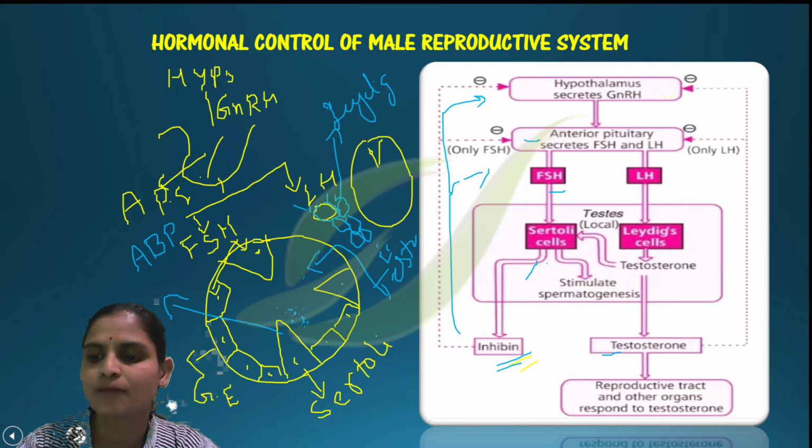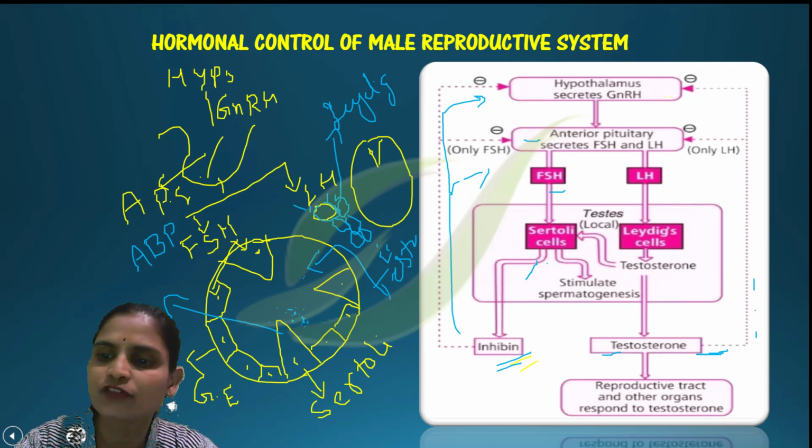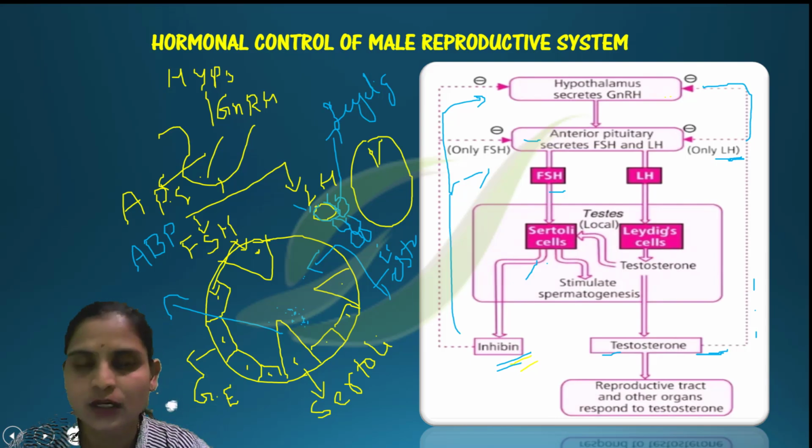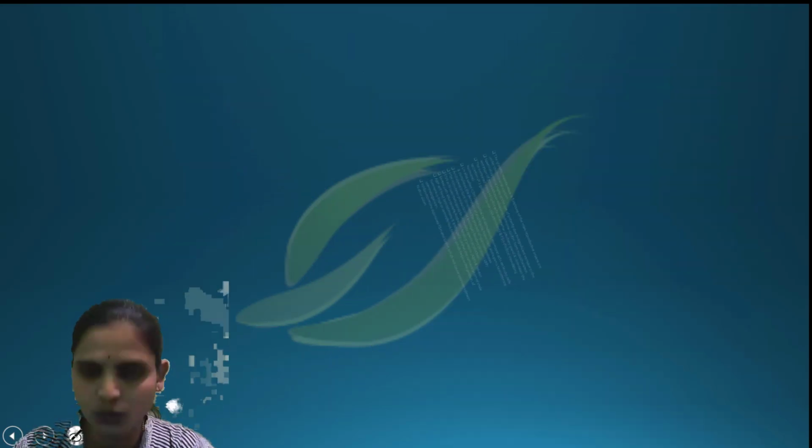In the same way, an increase in the testosterone hormone will give negative feedback for the anterior pituitary gland to stop LH hormone, which in turn gives a signal for the hypothalamus to stop secretion of gonadotrophin releasing hormone.